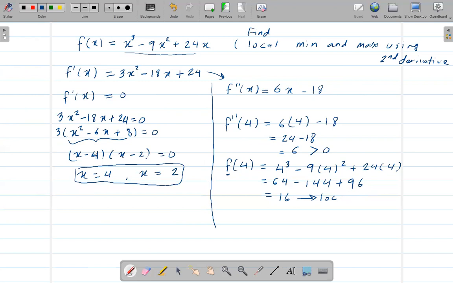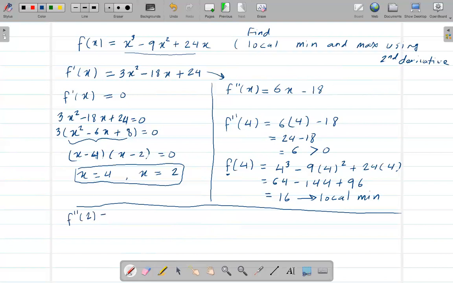Now, similarly, you can also find it for the other point. It will be easy if I show it on the same page. So now this was this point. Now let's say f double prime of 2.